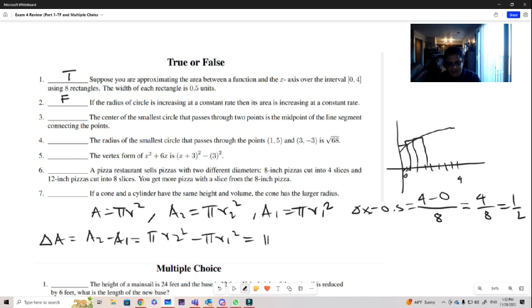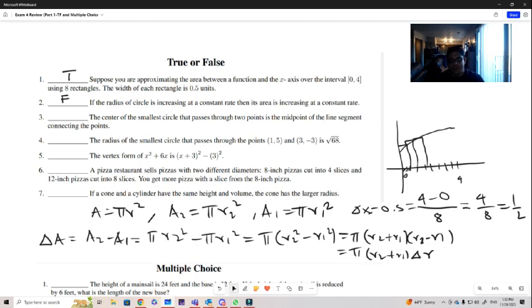If we factor out the pi, this is pi times r2 squared minus r1 squared, which is pi times r2 plus r1 times r2 minus r1. So this is pi times r2 plus r1 times delta r. Even if delta r is constant, because the radius increases at a constant rate, this other piece is not going to be constant. So that's why we cannot say that this is true.